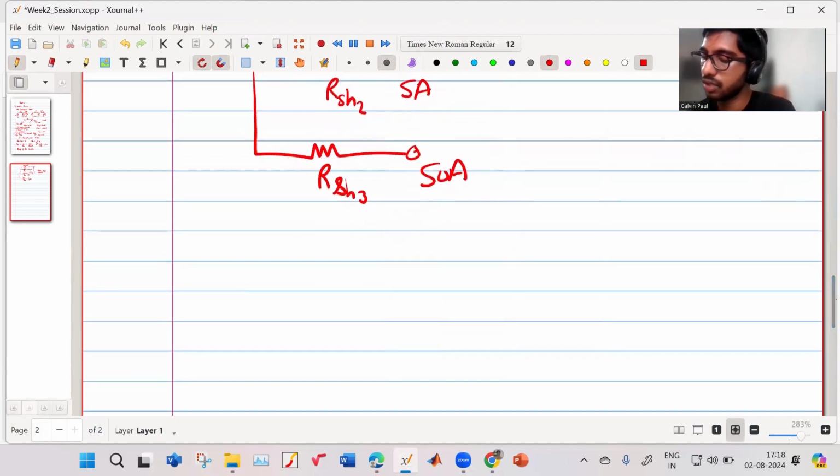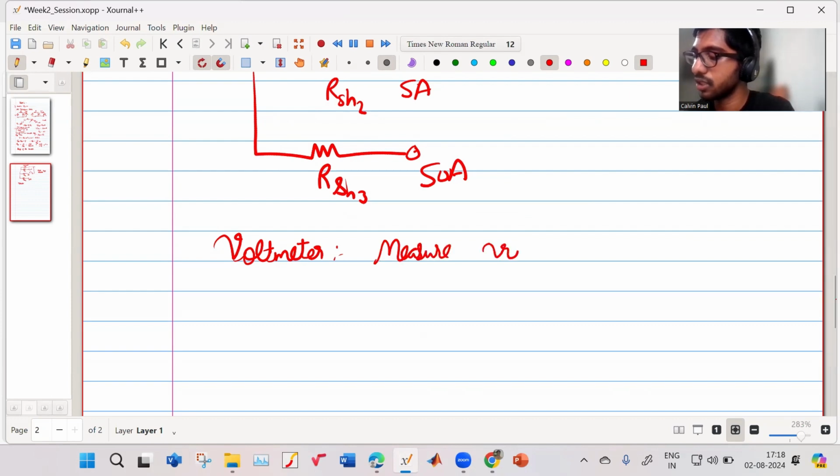So now we can also have what is known as a voltmeter. The objective of the voltmeter is to measure the voltage in a circuit.